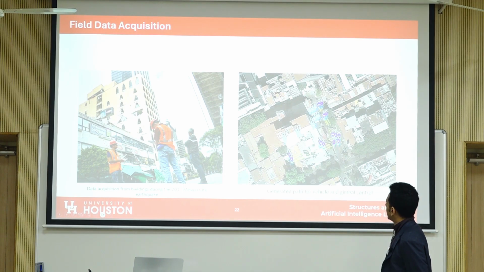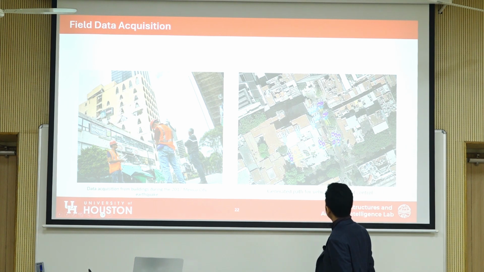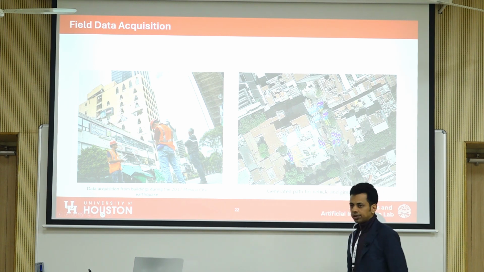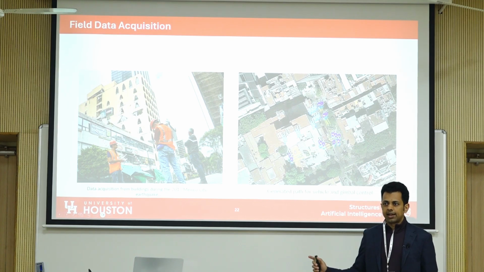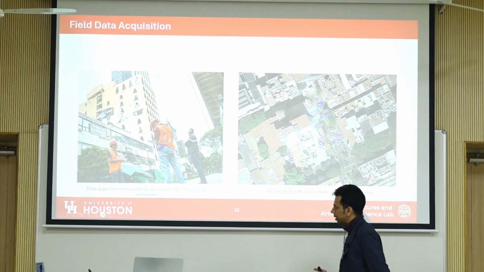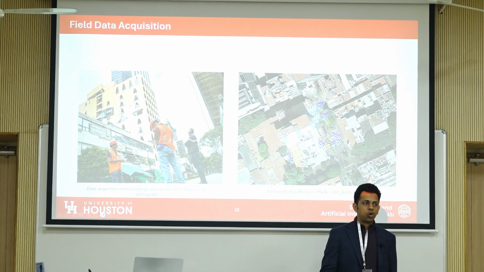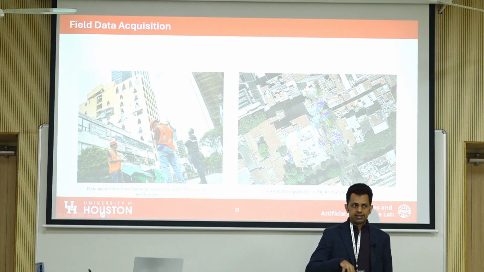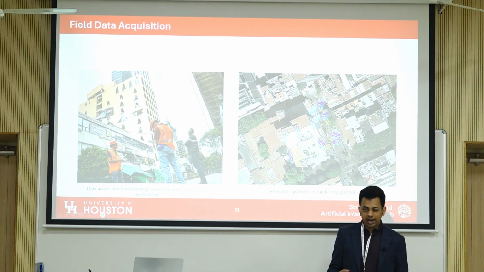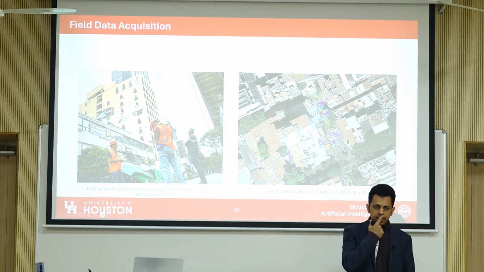Now, to collect this information, we planned an automated drone flight. Now, at the time, there were beyond visual line of sight restrictions, which means that the drone cannot fly beyond visual line of sight. This is a common restriction that is in place in many countries. You can get a waiver these days in the US for specific kinds of inspections.